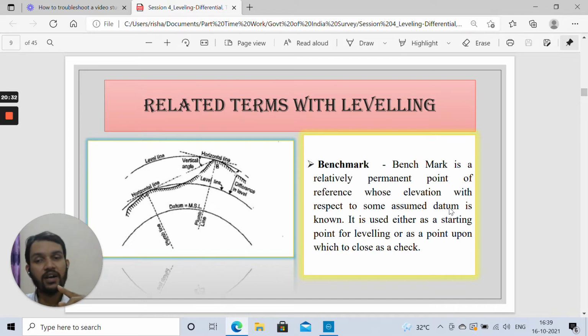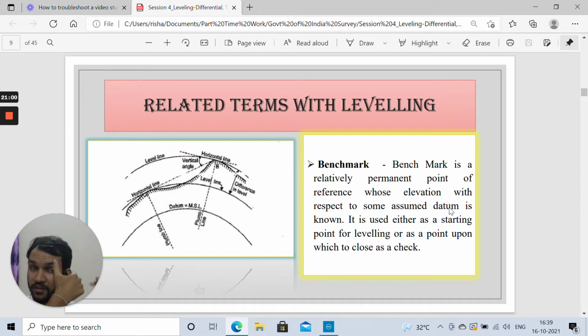If after doing all the computations, all backsighting and foresighting, you predict the RL value of this particular benchmark station and there is a very large difference, but since this value we generally consider as fixed, either known to us as the RL for the benchmark of this station, or we may assume an arbitrary value.